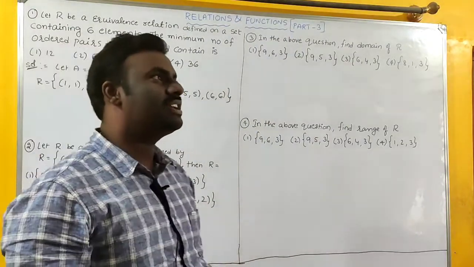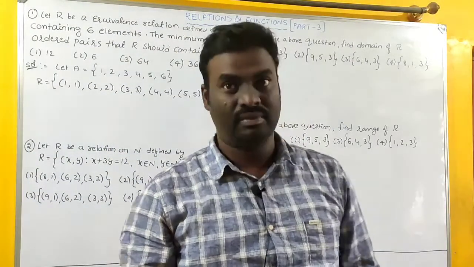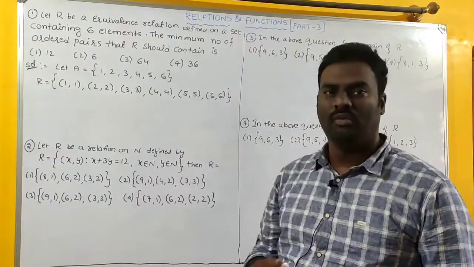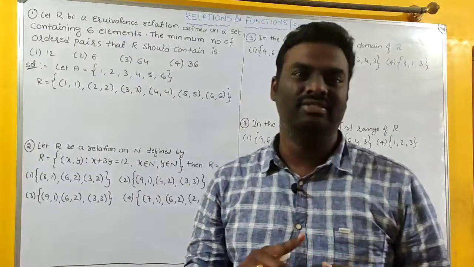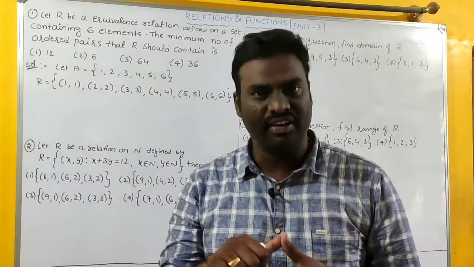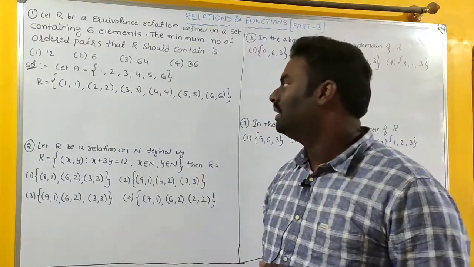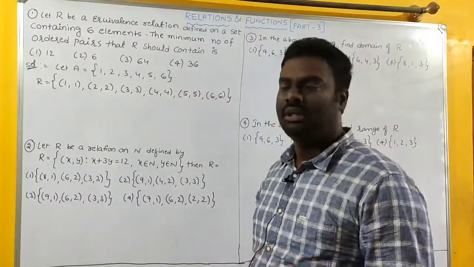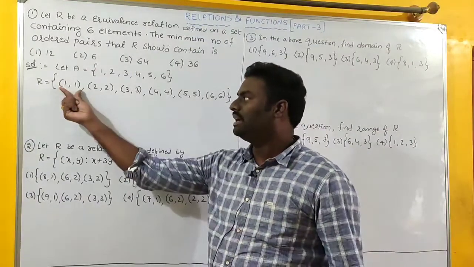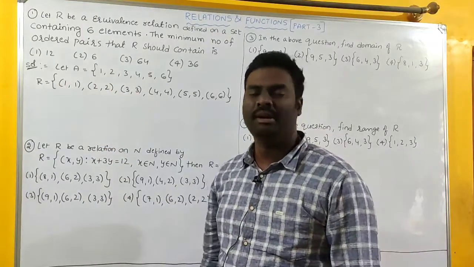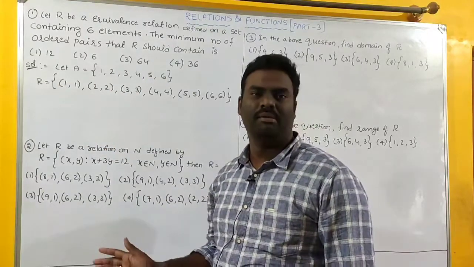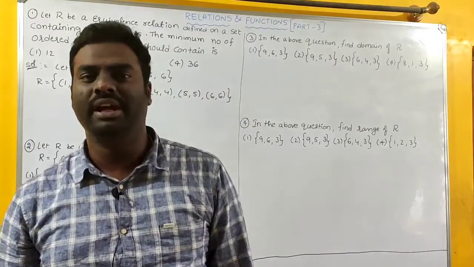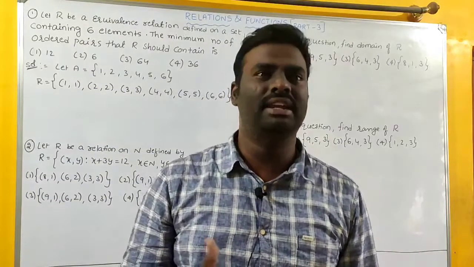If I take the relation like this, the relation is reflexive. Why? Because (1,1) is there, (2,2) is there, (3,3), (4,4), (5,5), (6,6). Next, it is symmetric also. If you take (a, b), its reverse (b, a) should belong to R. If you take (1,1), the reverse is again (1,1); (2,2), again (2,2); (3,3), again (3,3).